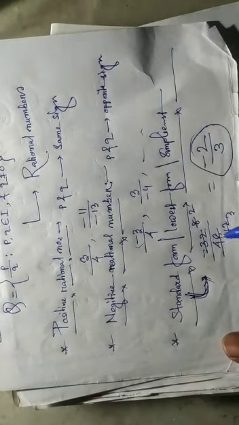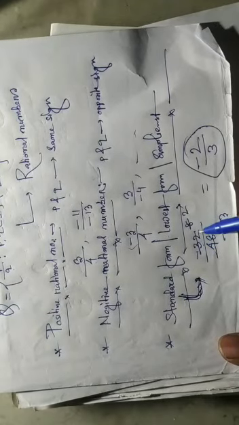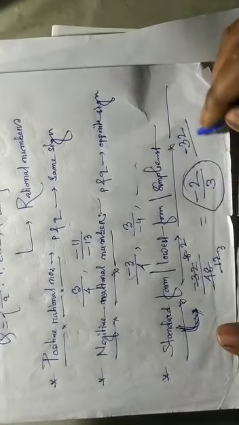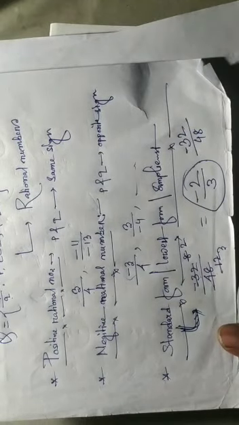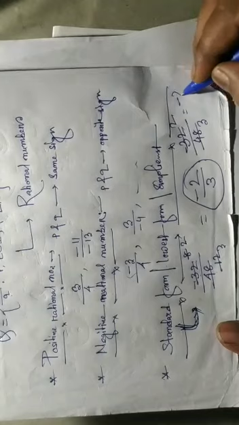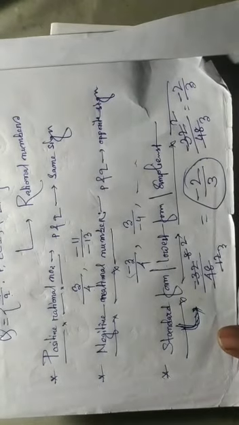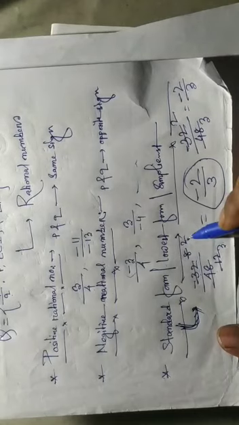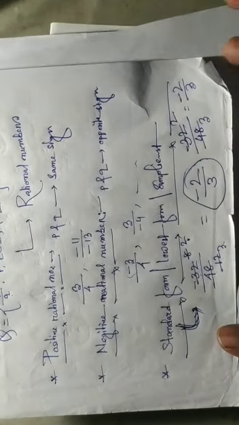So 32 and 48 both have common factor 4, so we divide by 4, again both have common factor 4, so we divide again by 4, then 2 by 3 comes with the minus symbol. Or you can directly divide by 16 also, because 16 is a factor of both numbers: 16 twos are 32, 16 threes are 48, so 2 by 3. Main thing is, at the end the numerator and denominator have no common factor, then the form is called simplest form. Okay, next thing, equivalent fraction.